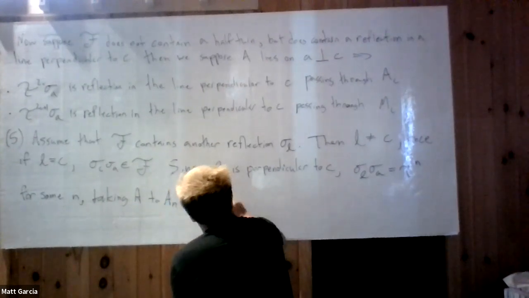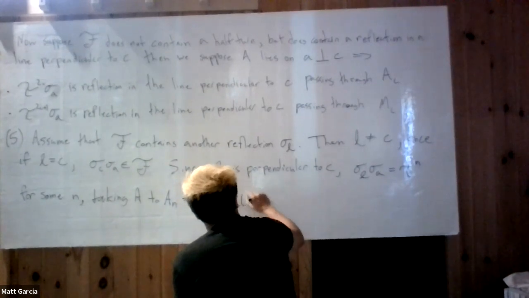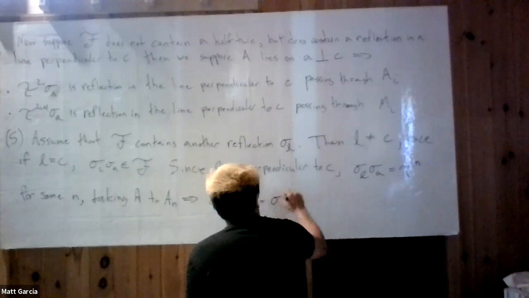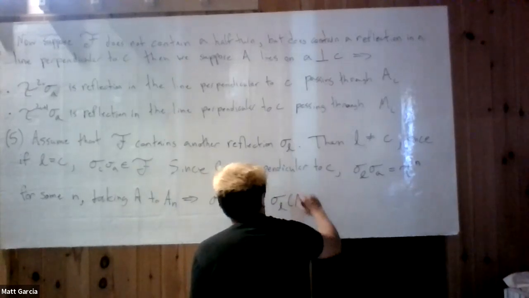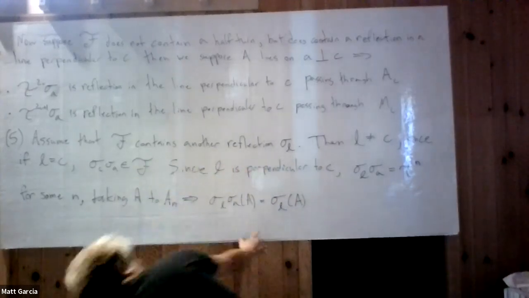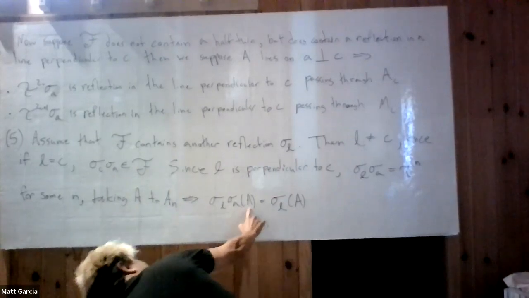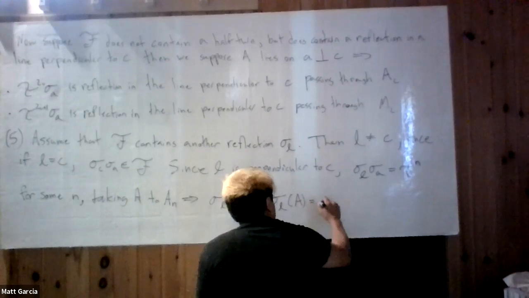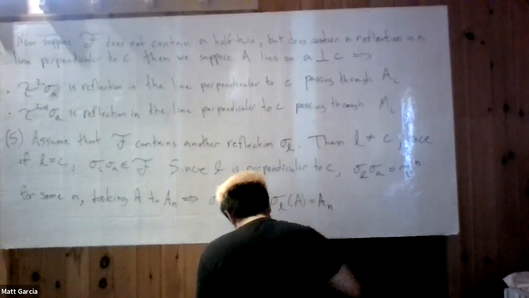Sigma L, sigma a of A is just sigma L of A, since sigma a fixes A, as A is on the line a, equal to A sub n.